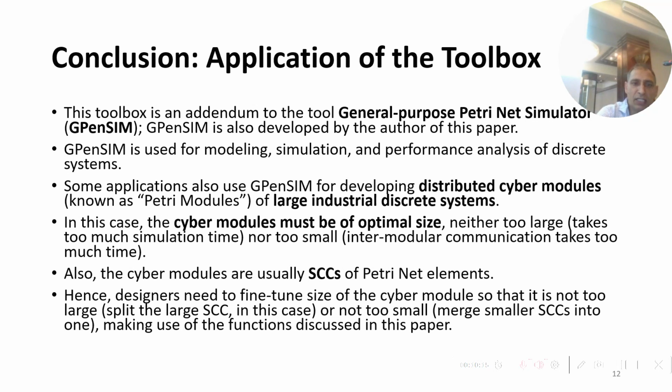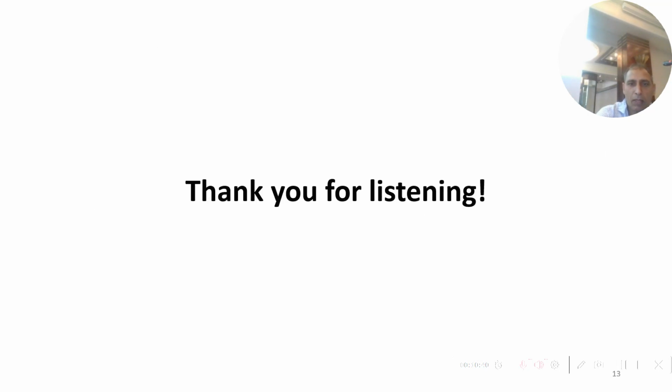Hence, designers need to fine tune the size of the cyber module: split the large strongly connected components so they are not too large, and merge smaller strongly connected components into one so they are not too small, making use of the functions discussed in this paper.